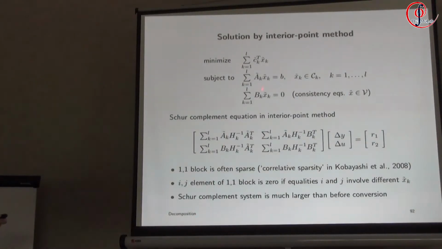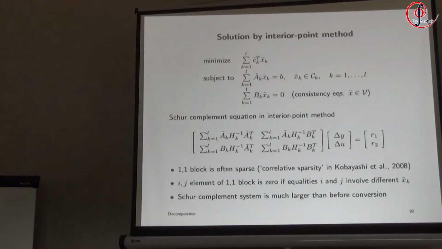If that's the case, if two equations here never involve the same variable x_k, then you have a 0 in this position ij. And that's actually much more common than for the SDP before conversion, where you had a single big constraint, especially for the polynomial relaxation problems that they were interested in, and they call that correlative sparsity. And then this system, even though it's much larger than the original problem before using this decomposition, may be easier to solve because this first block is sparse.